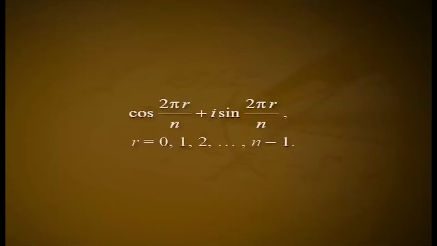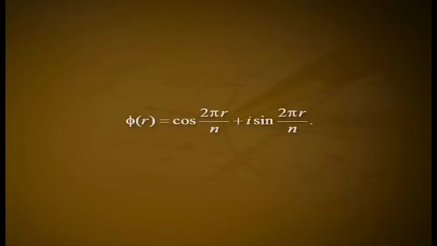Solution. Recall that for a given positive integer n, the nth roots of unity are given by cos 2 pi r by n plus i sin 2 pi r by n, where r is equal to 0, 1, 2, etc., n minus 1. Now define phi from Z_n to U_n as follows. For r belonging to Z_n, phi of r is equal to cos 2 pi r by n plus i sin 2 pi r by n.